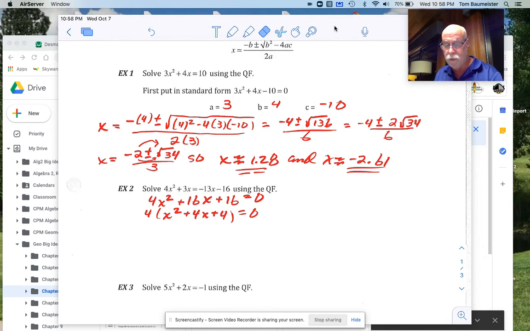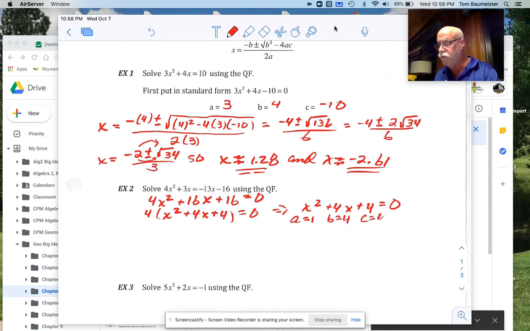So again, in this case, our a is equal to 1, our b is equal to 4, and our c is equal to 4.